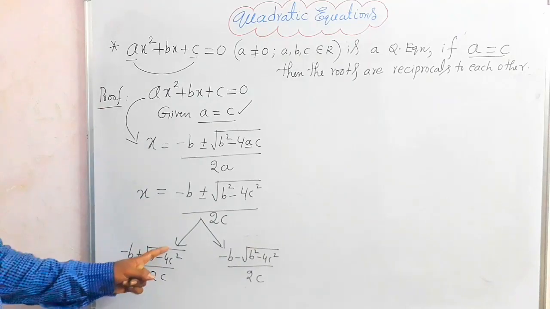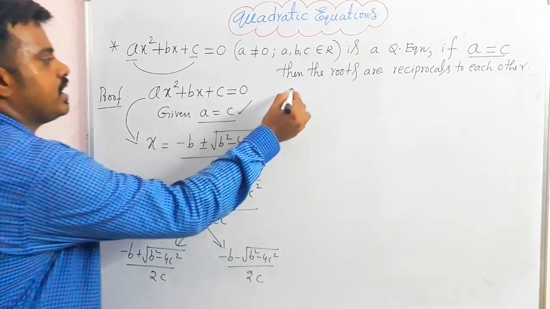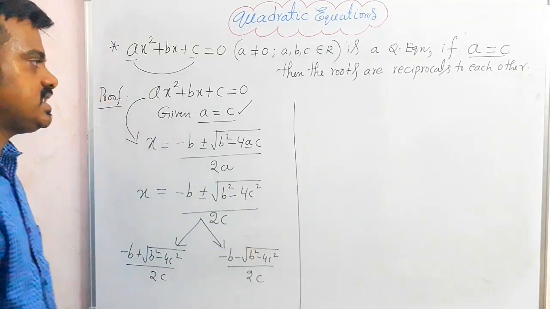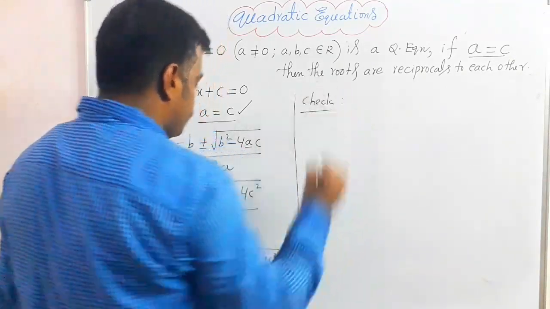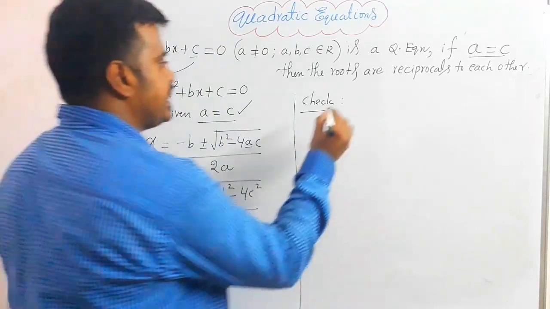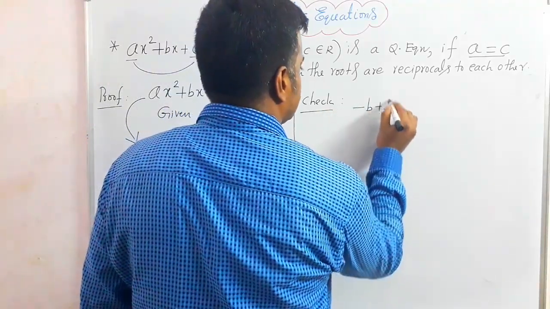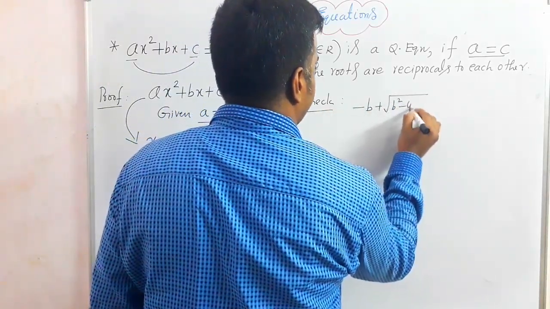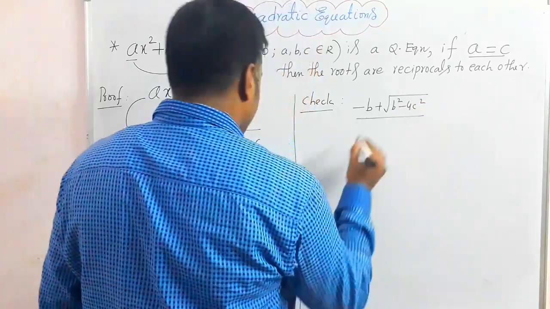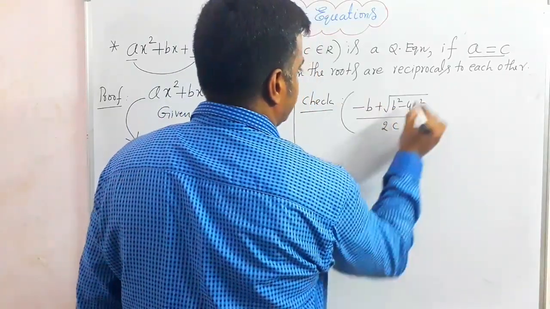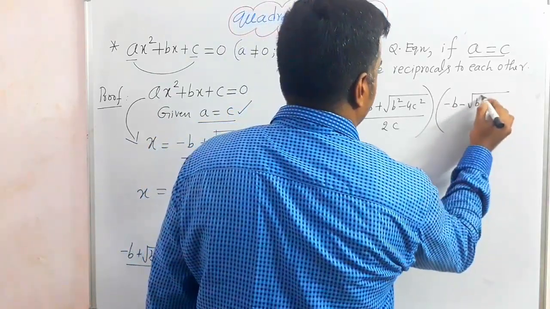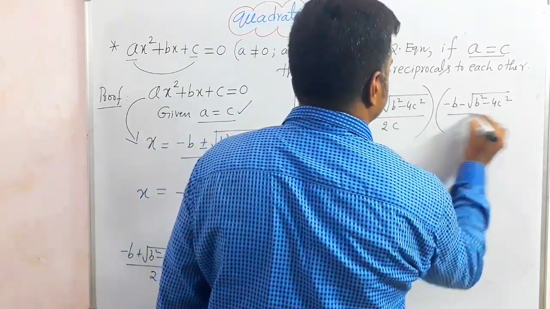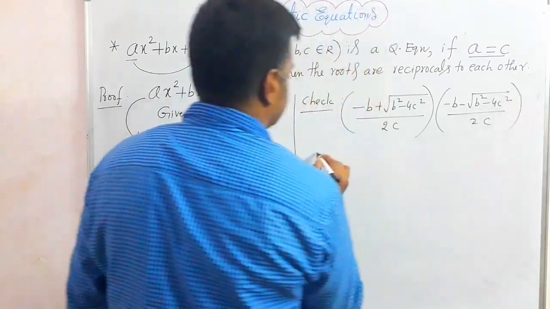I can say these two are reciprocals to each other once we check. Multiply these two: minus b plus root of b square minus 4c square by 2c into minus b minus root of b square minus 4c square by 2c.